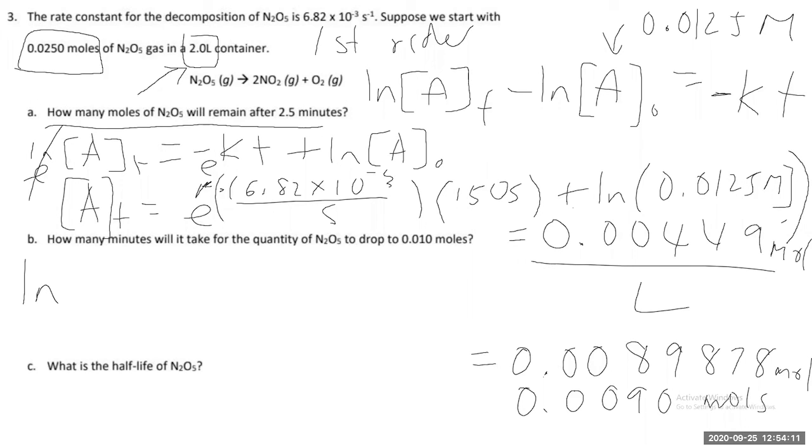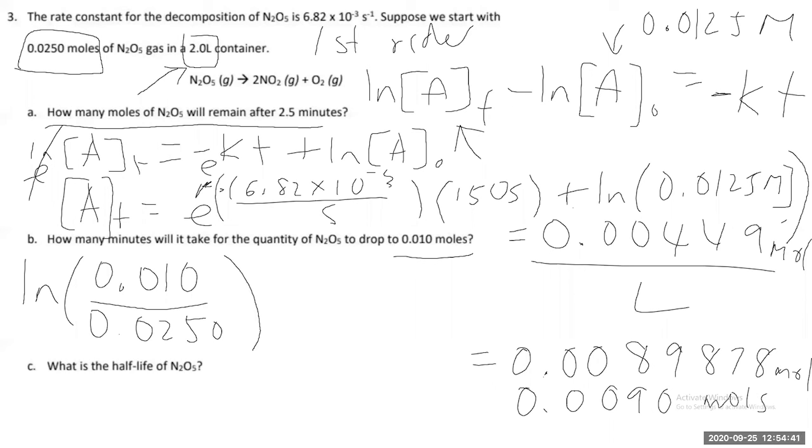Let's do it the other way. Let's use moles instead of liters this time, just to see if it works. So that's going to be ln of 0.010, because that's A of t, over ln of 0.0250.